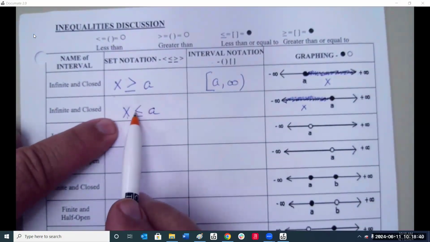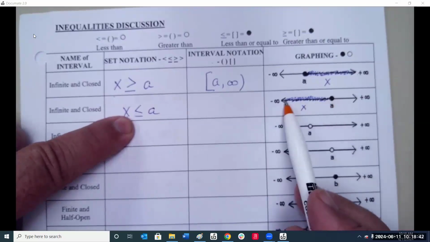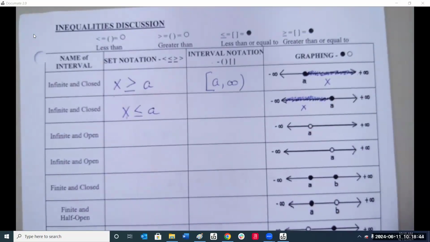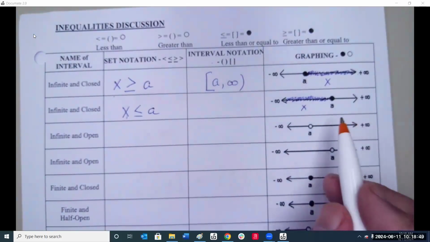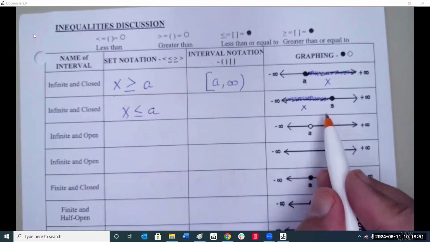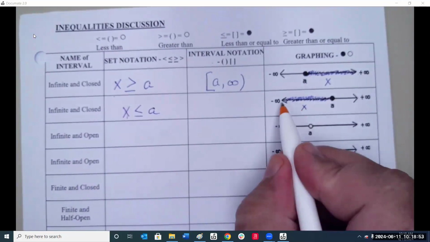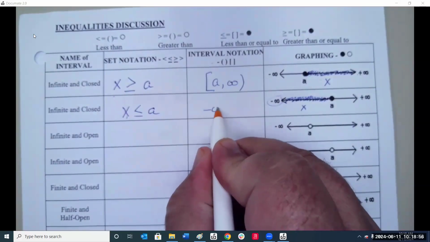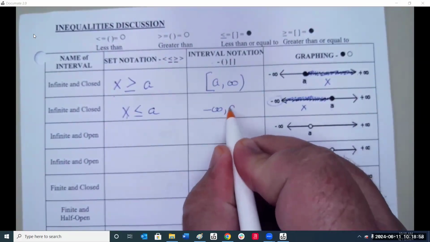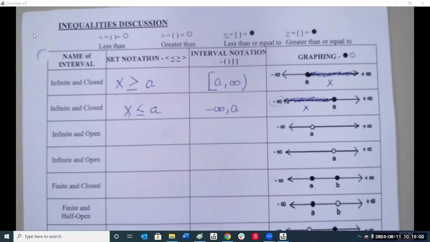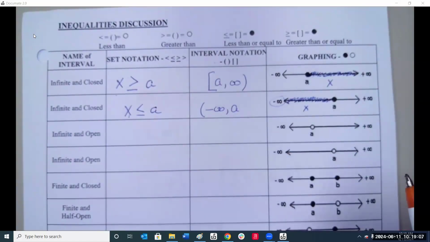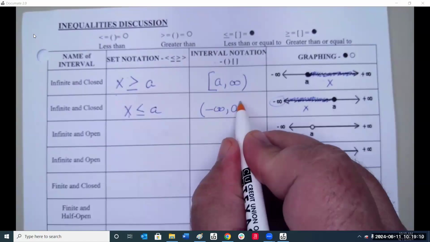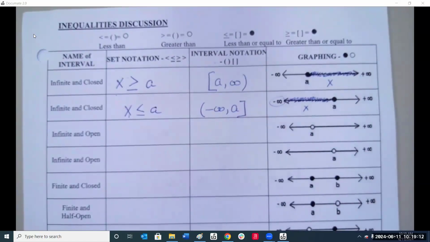If x is on the left, my graph's going to go this way. Now, the interval notation for this one, always read left to right. So I'm going from negative infinity all the way to a. I can never use a bracket with infinity, so that's always a parenthesis. And since a is a dark solid dot, I can include it, so it's a bracket.